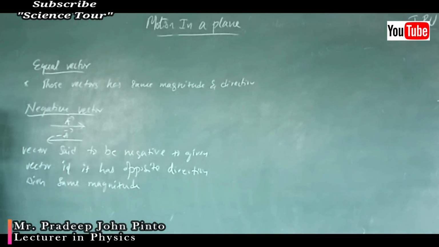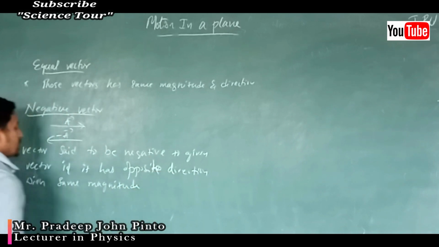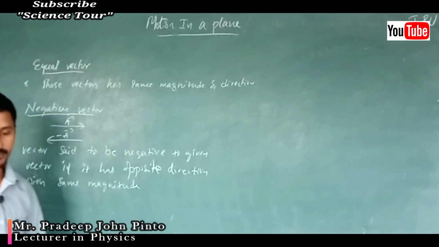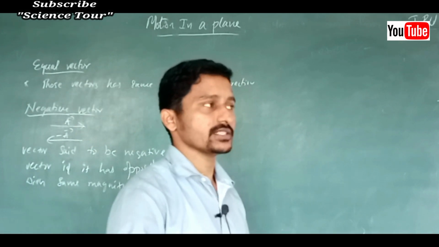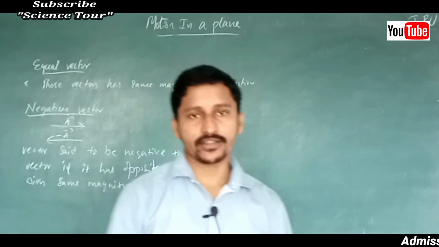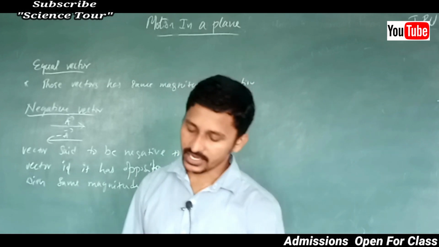Opposite direction with the same magnitude. What is the example? Two vehicles are moving with the same velocity in opposite directions. Their velocity vectors are negative vectors.